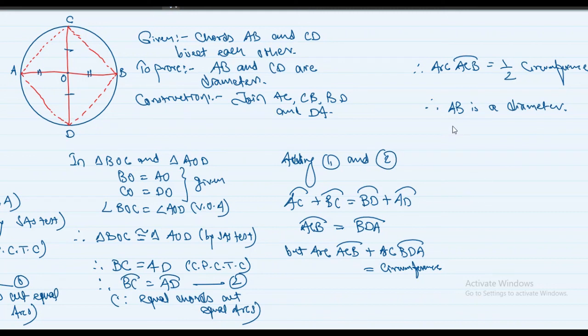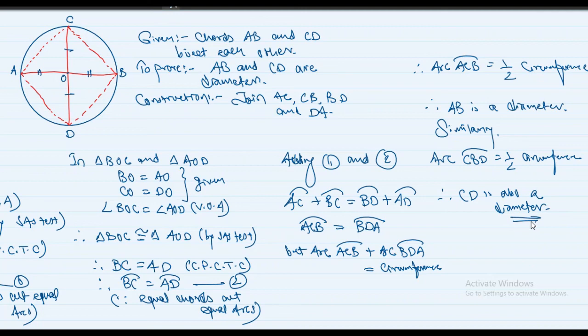Okay, so similarly, since we have proved AB as a diameter, arc CBD can be proved as half circumference, and therefore CD is also a diameter.